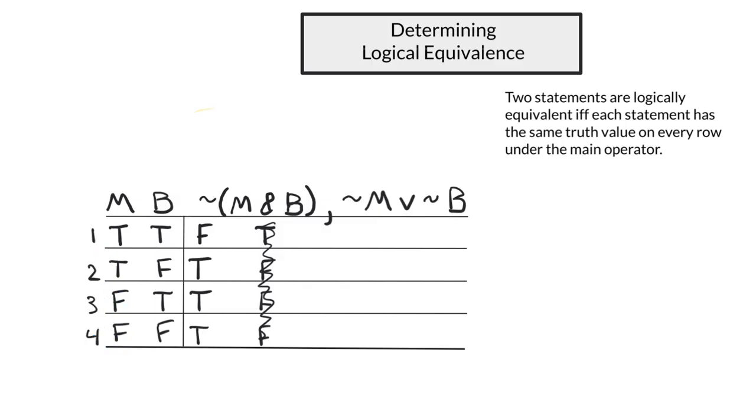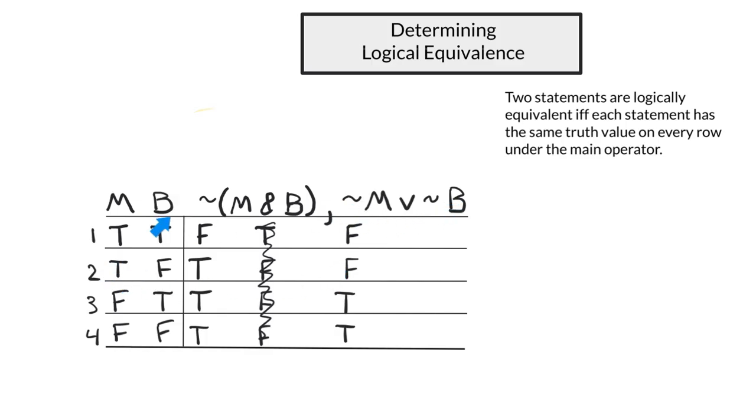For row 1, if M is true, the negation of M is false. Row 2, where M is true, the negation of M is false. Row 3, where M is false, the negation of that false is true. And for row 4, where M is false, the negation of that false M is true. It's just the flipped truth value per row since it's the negation of M.